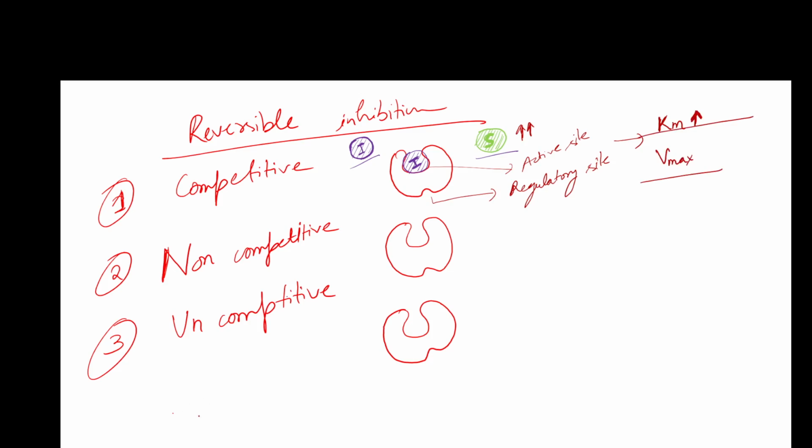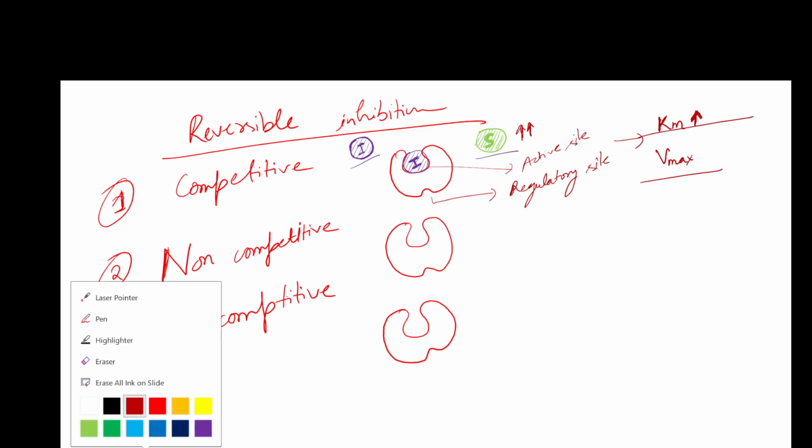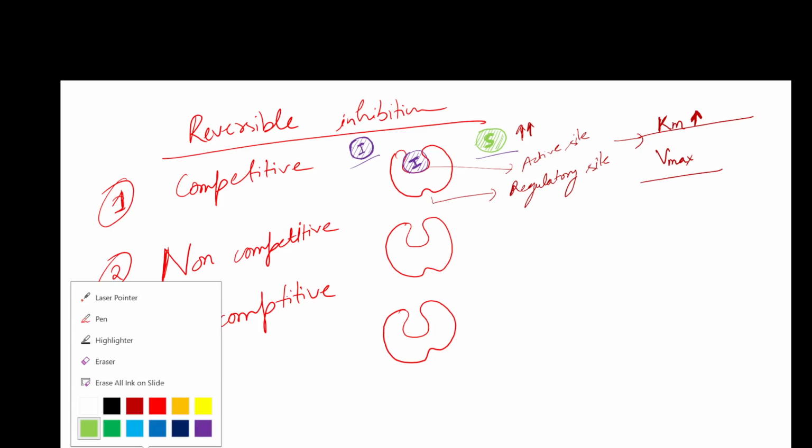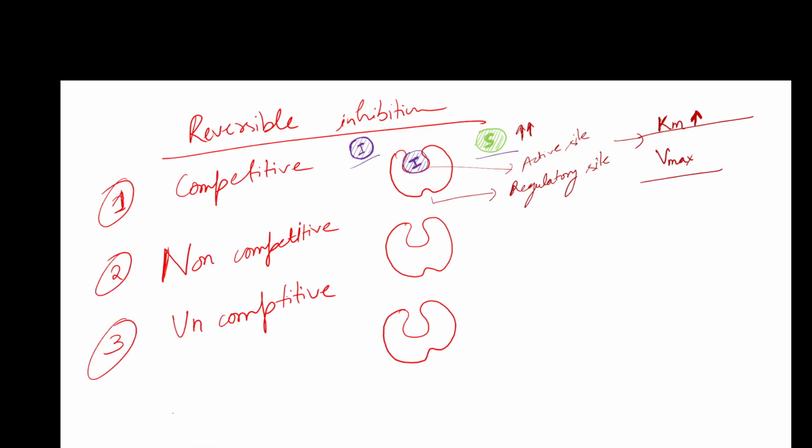In non-competitive inhibition, what happens is the inhibitor binds to both the free enzyme and the enzyme substrate complex. However, the inhibitor does not bind to the active site of the enzyme.